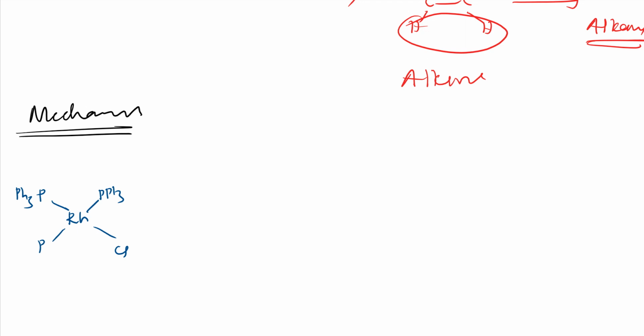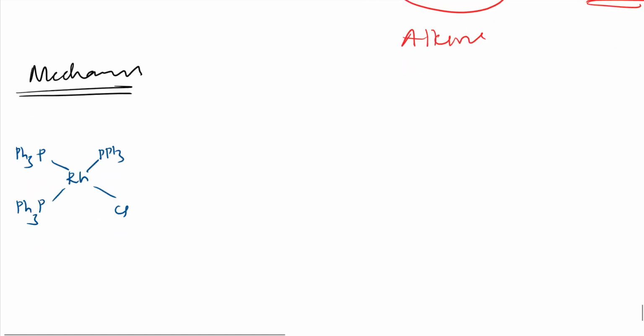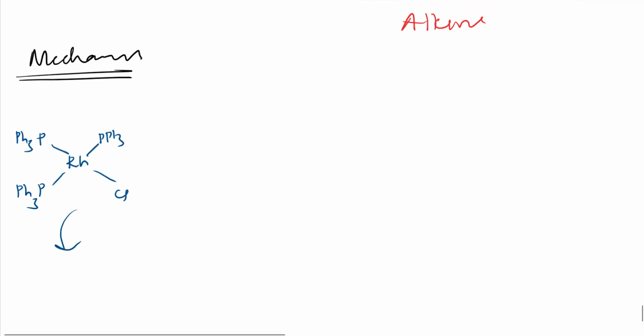And also one more thing I forgot to tell initially: if you write the full structure of this Wilkinson catalyst, it will be very hindered, sterically hindered, right? I hope you got how it is sterically hindered.